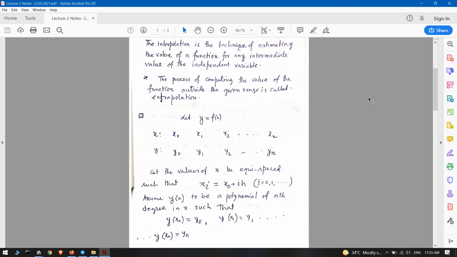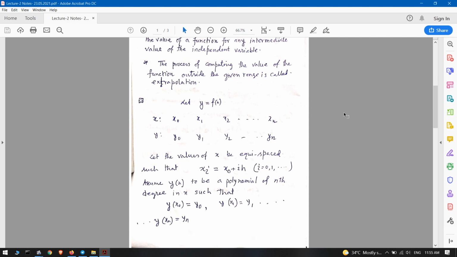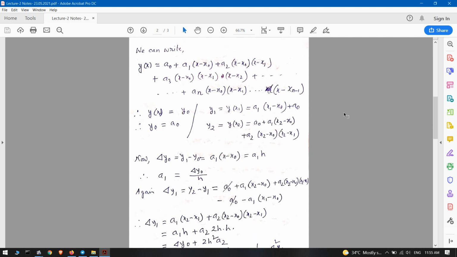Now given this assumption, we can easily write y(x), that is y equal to f(x), equal to a0 plus a1 into (x minus x0) plus a2 into (x minus x0) into (x minus x1) plus a3 into (x minus x0) into (x minus x1) into (x minus x2), and in this way we carry on.